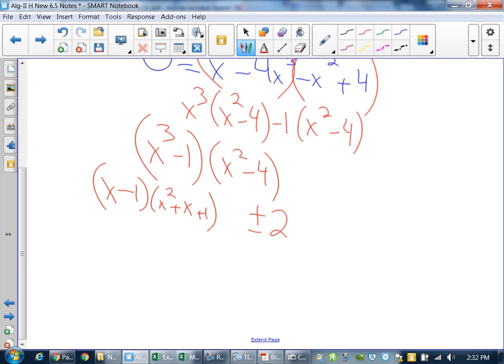You just got to be careful with it. Sometimes it works out, sometimes it won't. Remember when we did this before, we always got non-real answers for the cube root stuff? So that's kind of the same deal. So you're right, we're going to have a 0 at 1, and then plus or minus 2. So you have 3 of them.